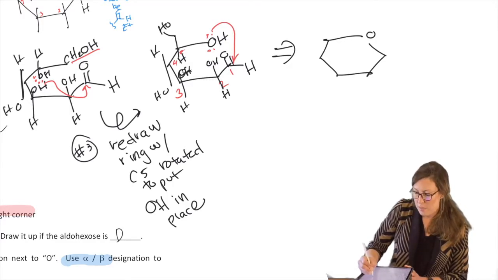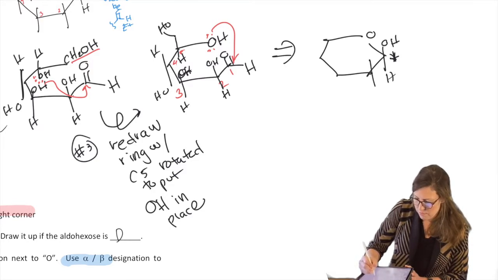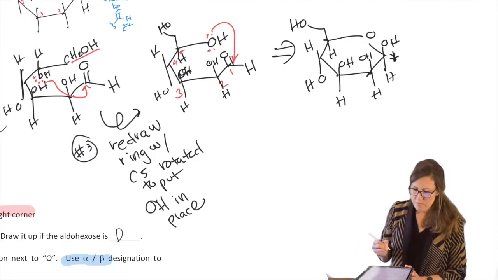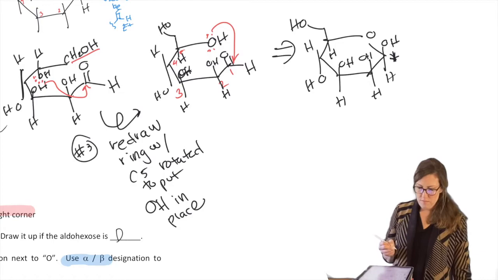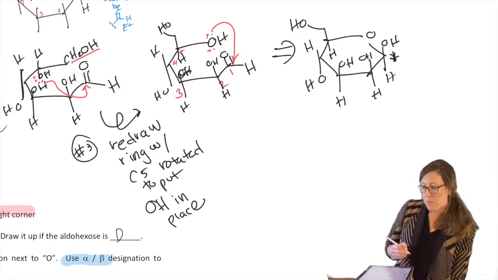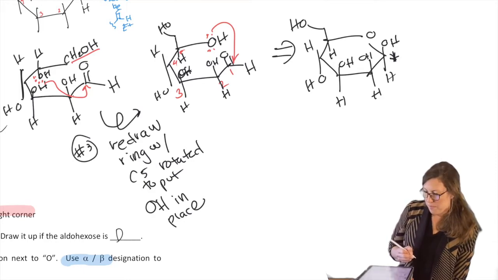Now, once again, anomeric carbon means that this is mutarotatory. It could go either way. And we have OH up, H, H, OH down, H, and there we go. Okay, so that's beta-D-mannopyranose.